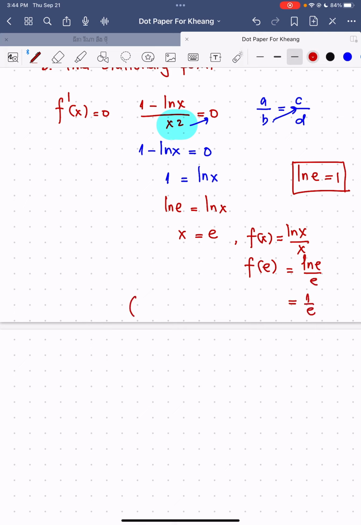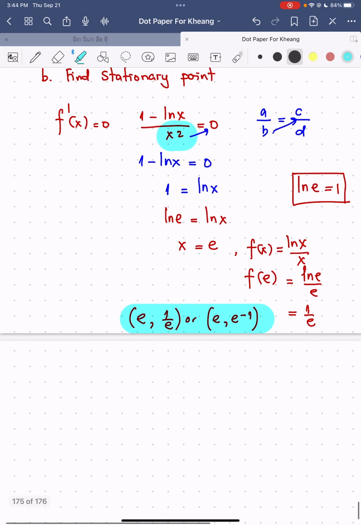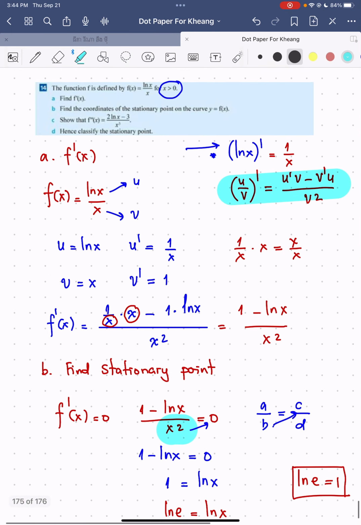So we got e and 1 over e, or you can just write e and e negative 1, like this is the stationary point. Okay, that's all.